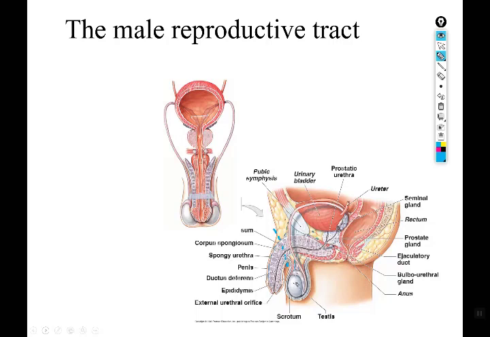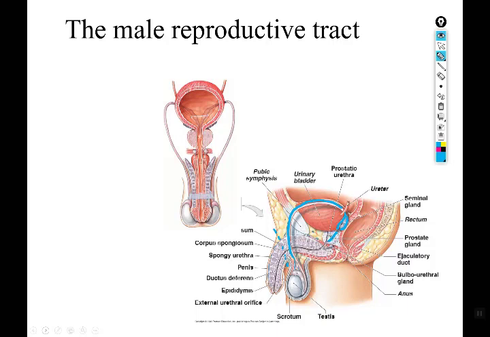The testes and epididymis, of course, hang from the body in the scrotum, which allows for thermoregulation. And then in order to get out, sperm must be propelled up through the ductus deferens over the top of the bladder, where they link up with the seminal vesicle to form this part of tubing called the ejaculatory duct.